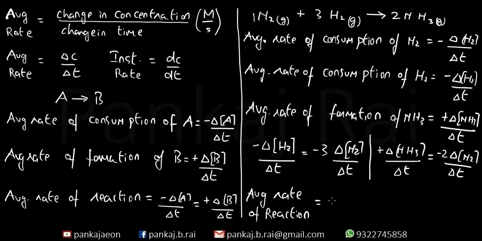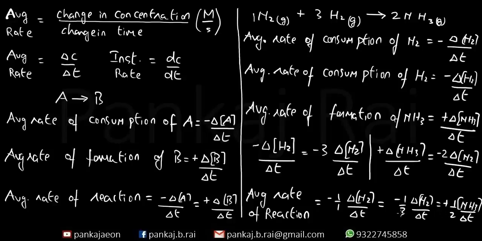So let me first write it. It is given as minus 1 by 1 change in concentration of N2 with respect to time. Also it is given by minus 1 by 3 change in concentration of H2 with respect to time. It is also given as plus 1 by 2 change in concentration of NH3 with respect to time.